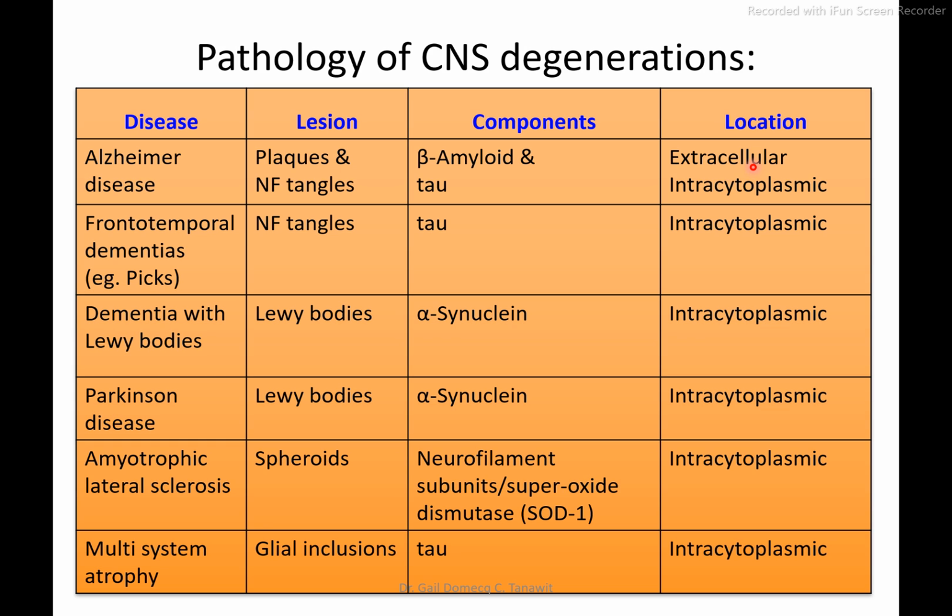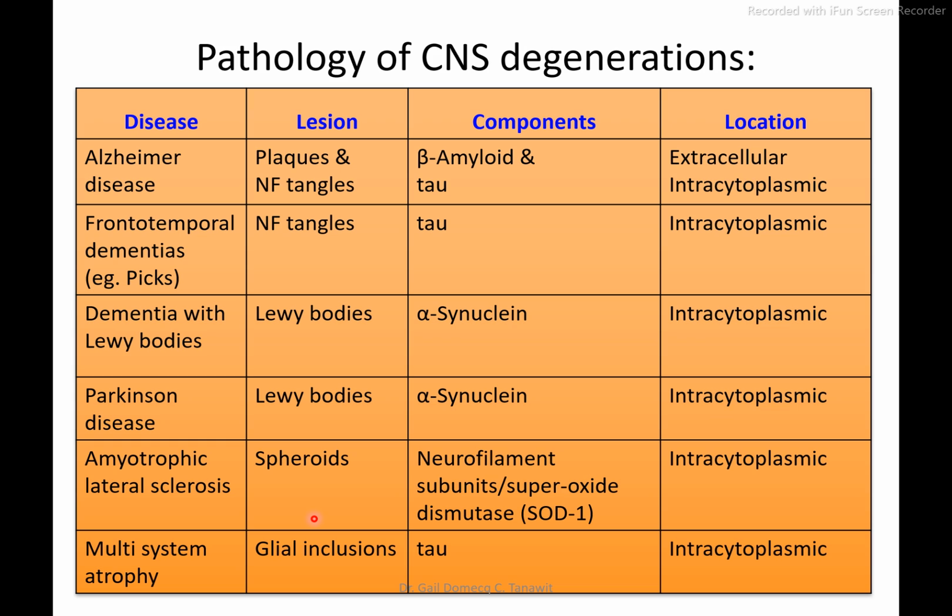For Pick's disease, it's a neurofibrillary tangle composed of tau protein, but only intracytoplasmic. For dementia with Lewy bodies, it's a Lewy body lesion composed of alpha synuclein, inside the cell. For Parkinson's, it's also a Lewy body, alpha synuclein, intracytoplasmic.